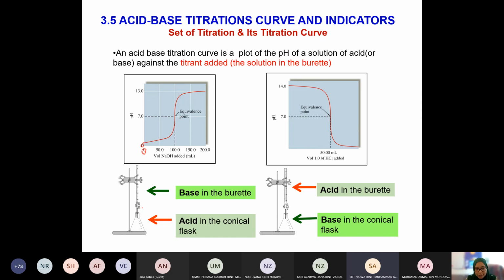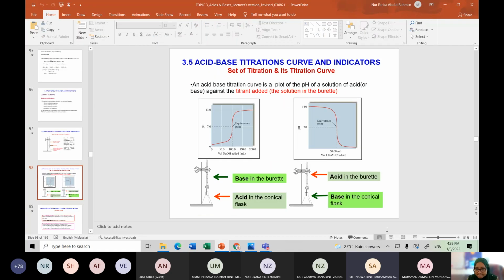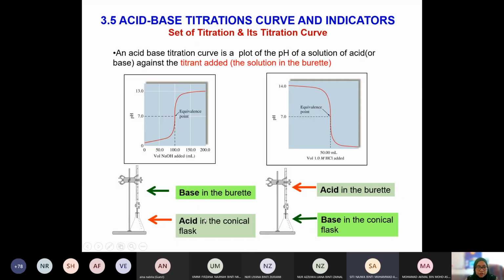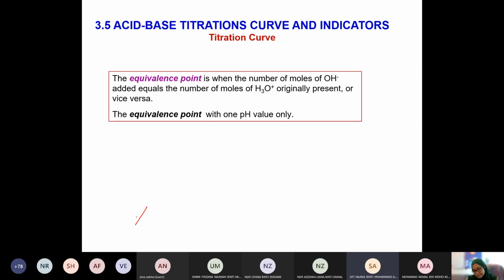Okay, you have to imagine when doing the reaction, if you are using a pH meter. If you are using a pH meter, you would be placing the pH meter.